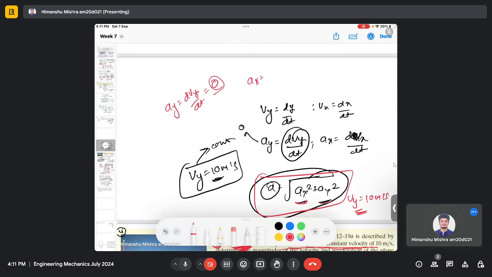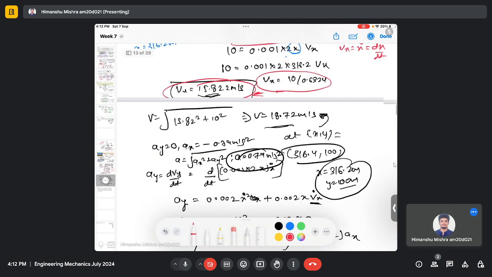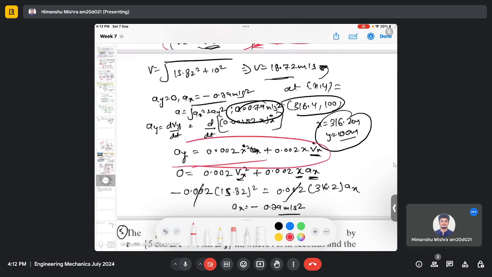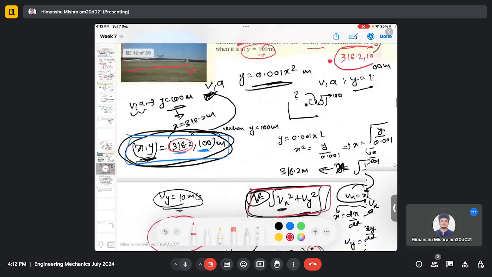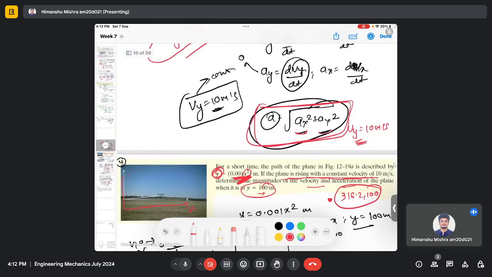But the acceleration in the x direction is not constant, and it can be written as dVx by dt. We use this expression again to write down ay, but ay is 0. From this expression, we can recover the unknown acceleration term ax. And once we have ax, again we can easily find the total acceleration.